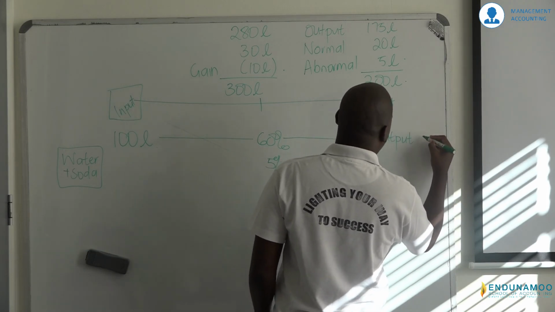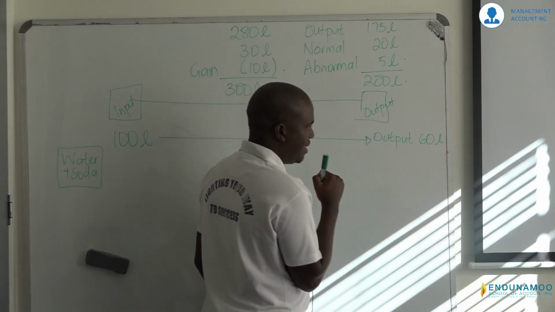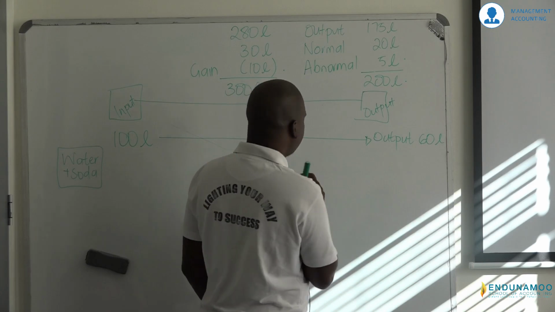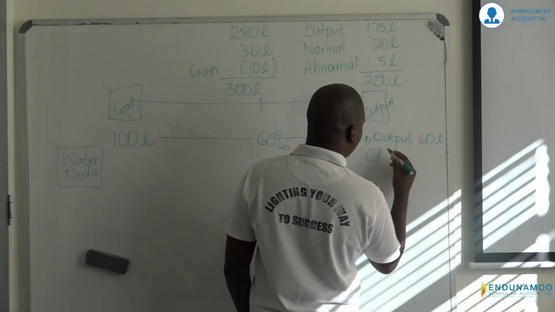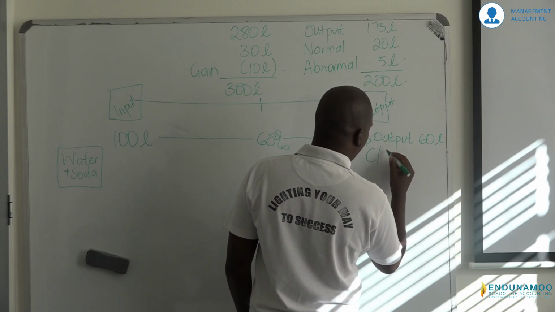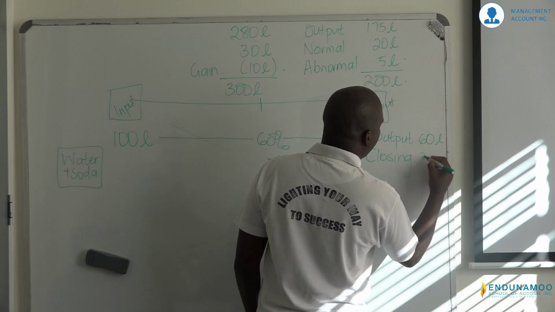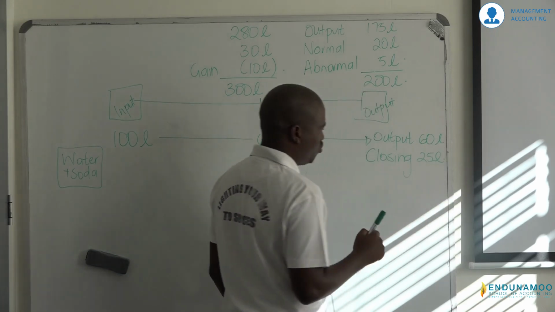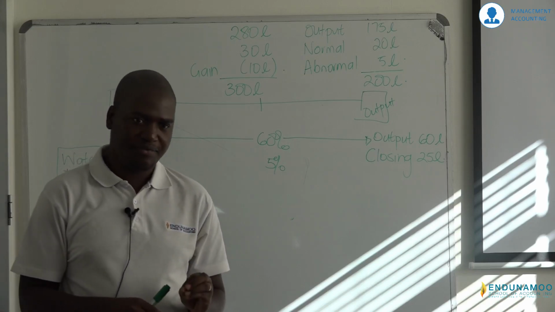I produced an output of 60 liters. Are we clear? Right? Then I had closing stock, or closing balance, of 25 liters of input. Are we all clear what we have?